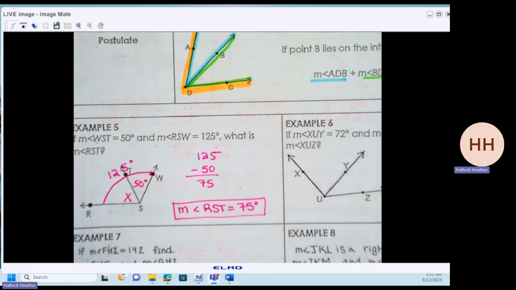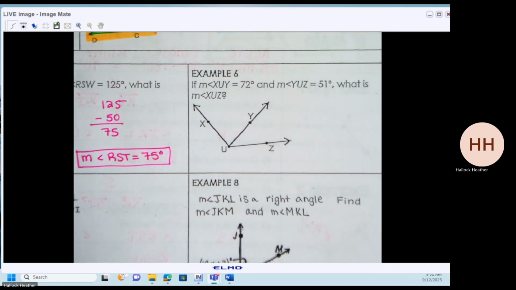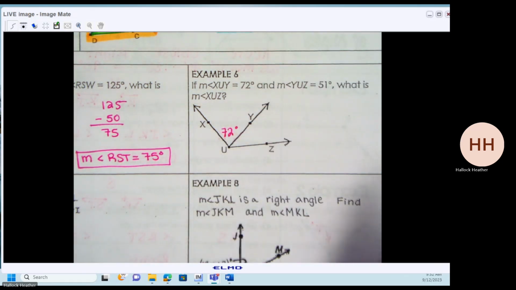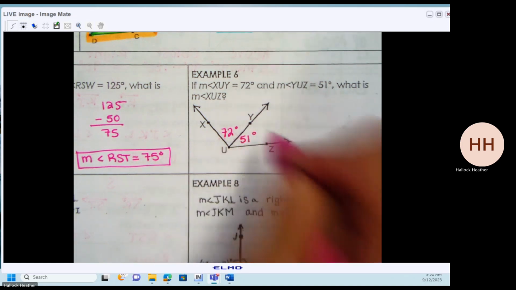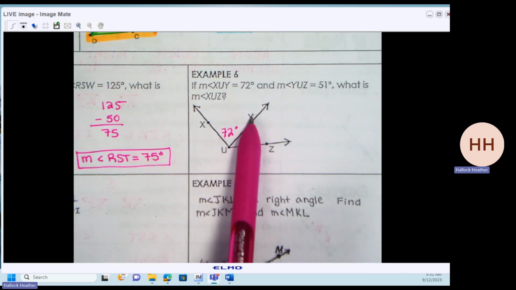So try to set up the next example. Try to put your numbers in your picture. So in this case, it says XUY is 72 degrees.